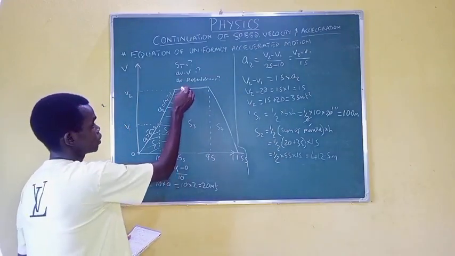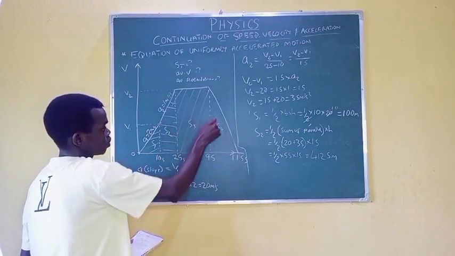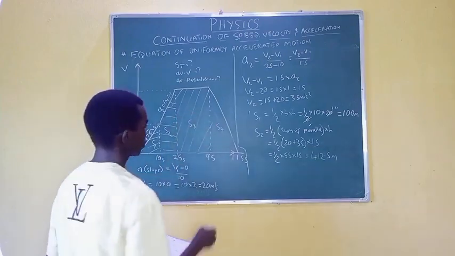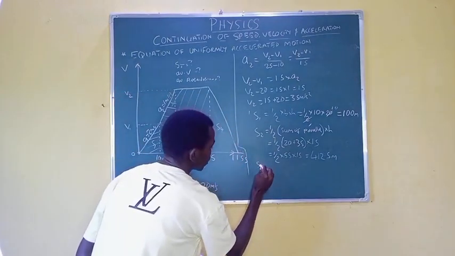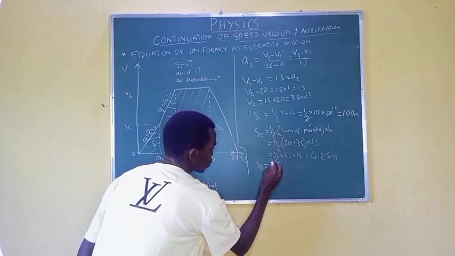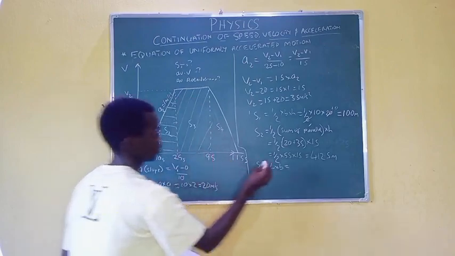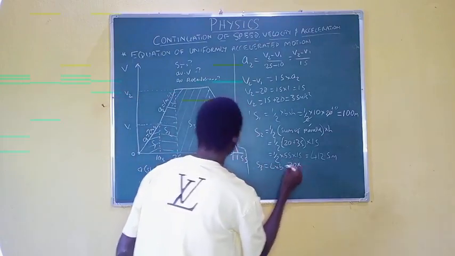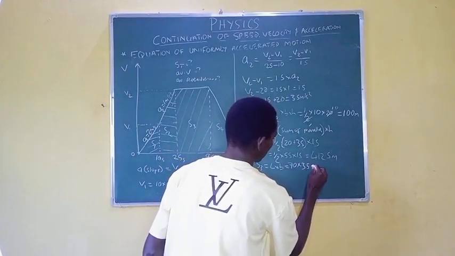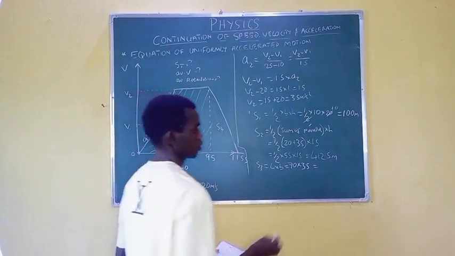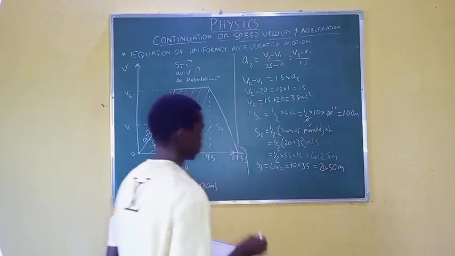We'll also find S3. We consider the area under this graph, and we know it's a rectangle. The formula for a rectangle is length times breadth. Therefore, S3 is equal to length times breadth, which is this minus this, 70, times this minus this, which is 35. We now have 2450 meters.